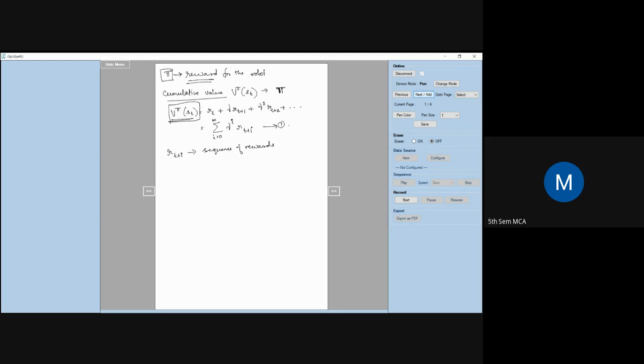First, look at here, R_t. This I am getting at the first state. For the first state, when I perform the first action, I get the first reward, that is R_t. For the next second state, I am getting another reward, that is R_t plus 1.